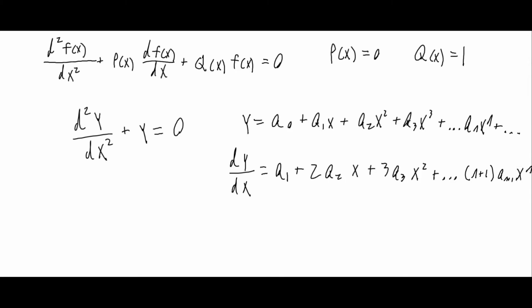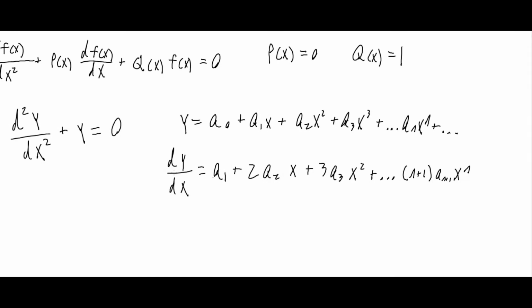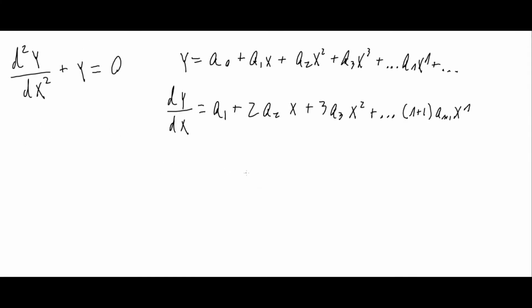But then we want to take the derivative of this right here. If we take the second derivative of y with respect to x, now this a1 is going to go away because that's just a constant.